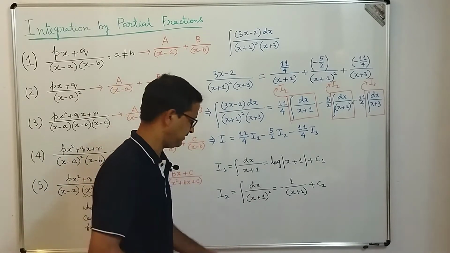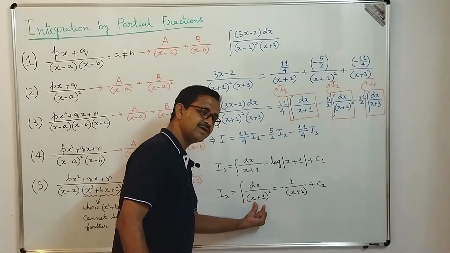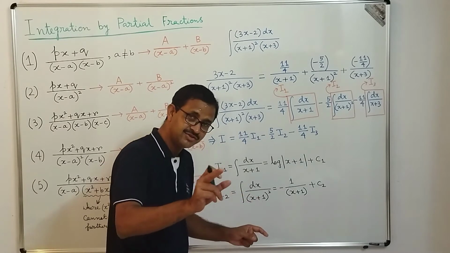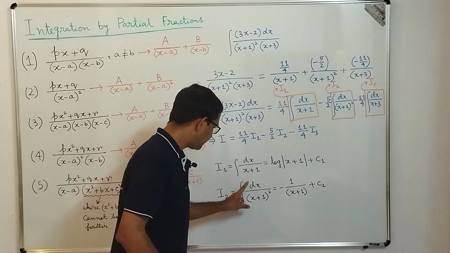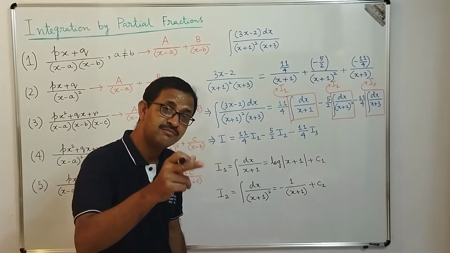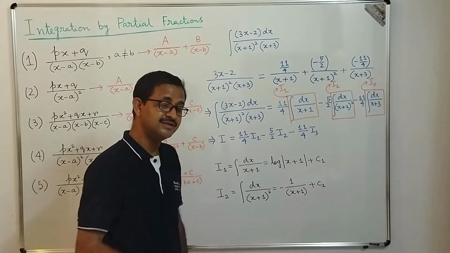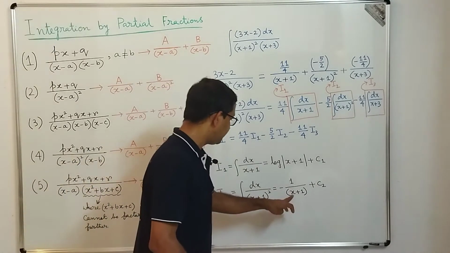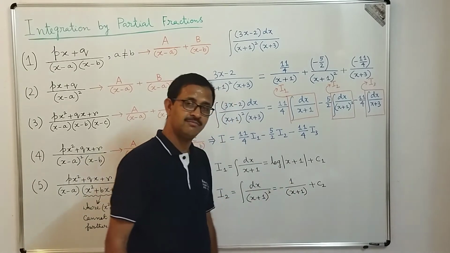I can tell you quickly. For the second one, take x plus 1 equal to t. Then dx will be equal to dt. So instead of dx, you can write dt by t square. That means integration t to the power minus 2 dt. That means t to the power minus 1 by minus 1, that means minus 1 by t. Replace back the value of t, that is x plus 1.